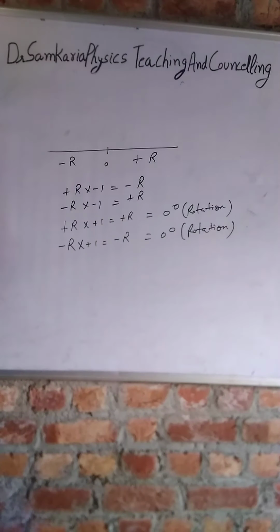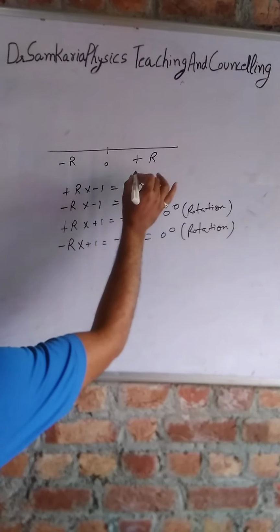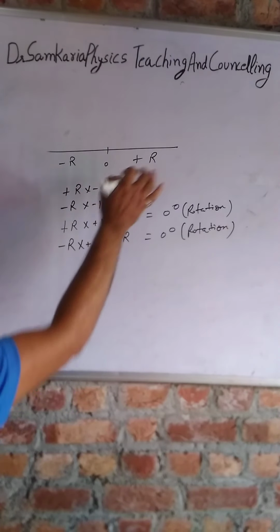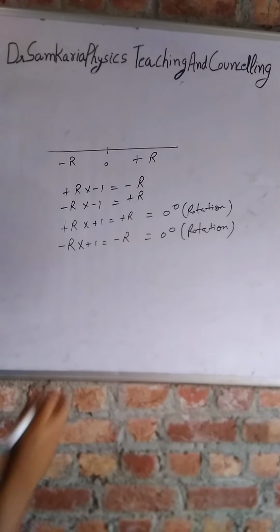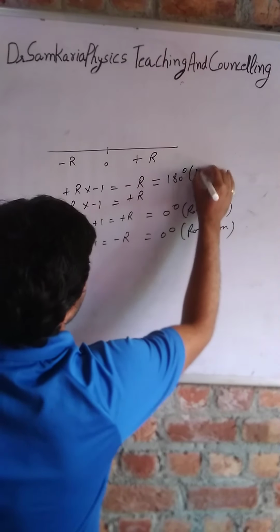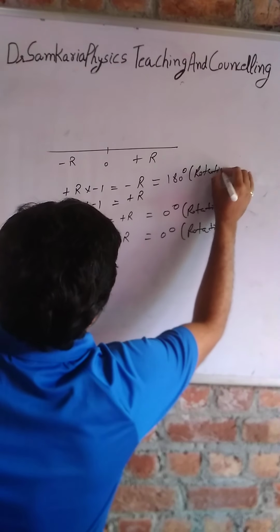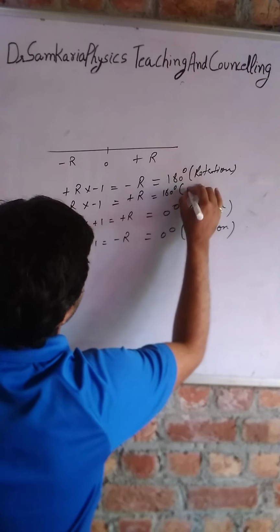Now if we multiply any real number with minus 1, we will get the same number with sign reversed. It means this number will come to this side and this number will go to this side. It means we will have a rotation of 180 degree.